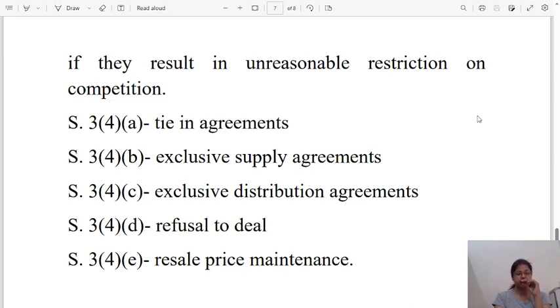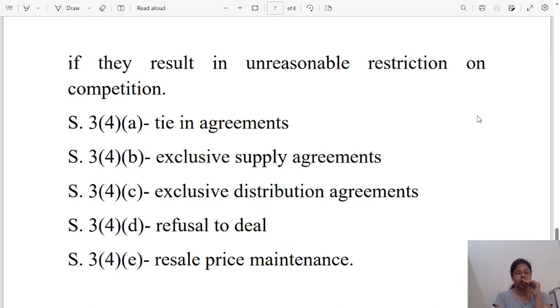So let us first see section number 3, clause 4, subclause A, that is tie-in agreements. In such agreements, a condition is imposed on the purchaser to purchase some other good along with the thing that he or she desires to purchase. Say for example, you want to purchase a fridge, but there is a condition imposed that in order to purchase a fridge, you have to purchase a stabilizer as well. So two types of products are involved in it.